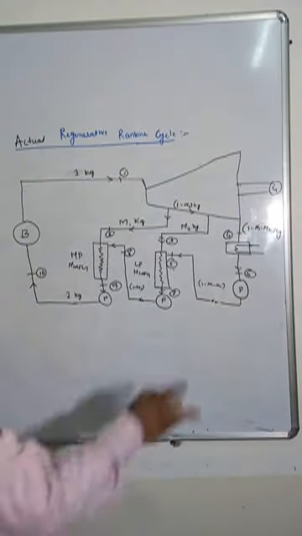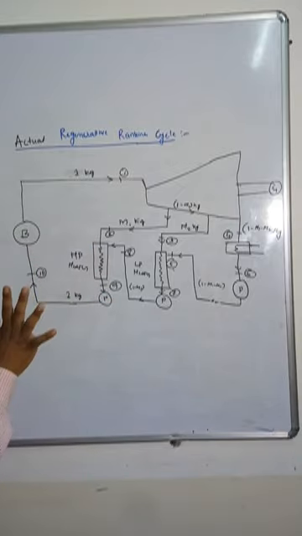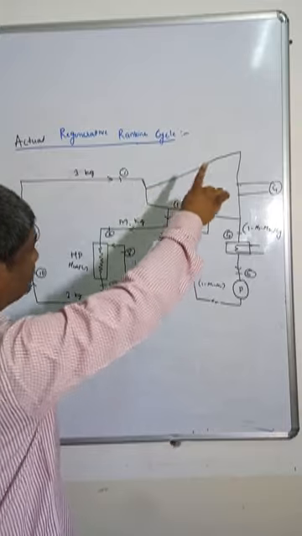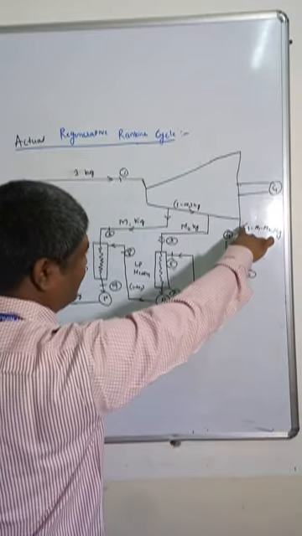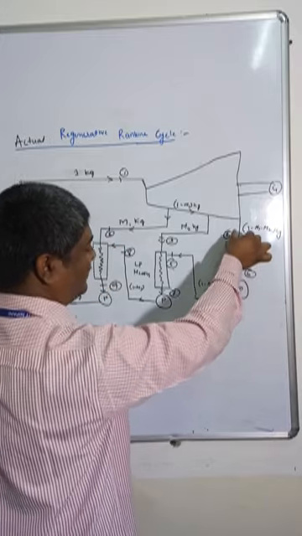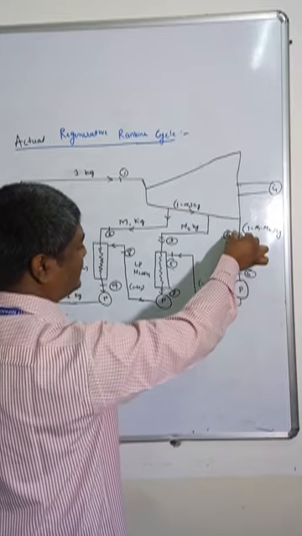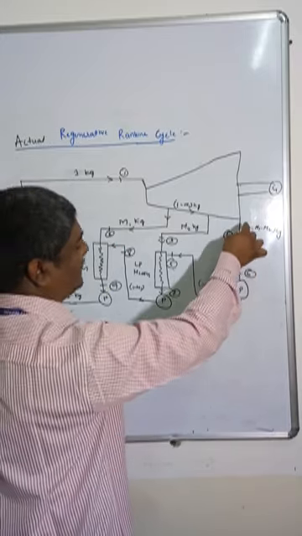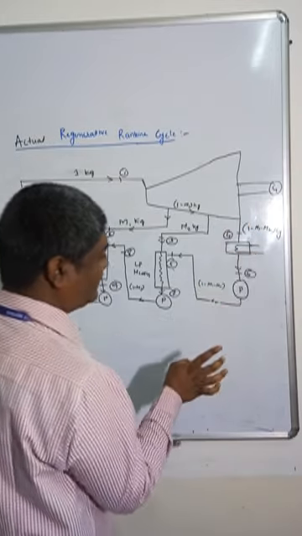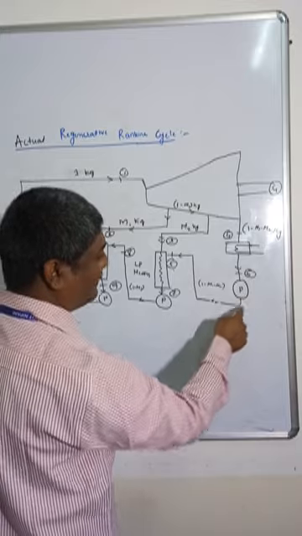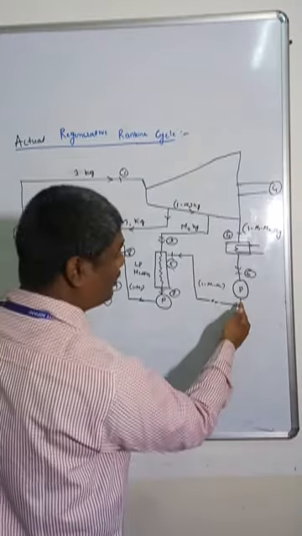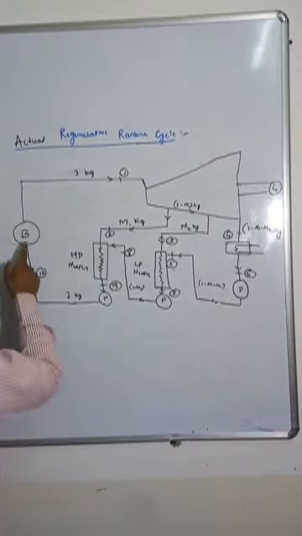First, the boiler produces steam and the steam is supplied to the turbine. The remaining steam coming out, we pass through the condenser, and this is pumped back as liquid. Earlier, the condenser output through the pump was supplied directly to the boiler.